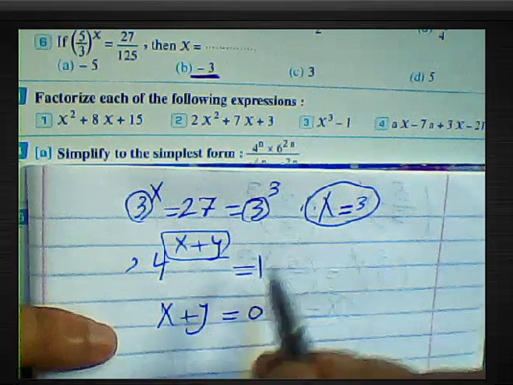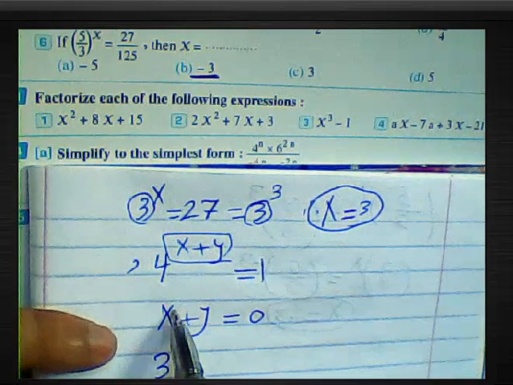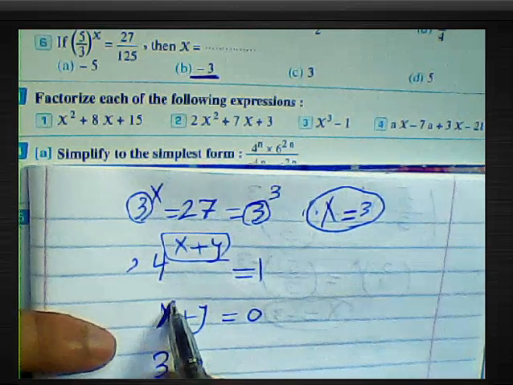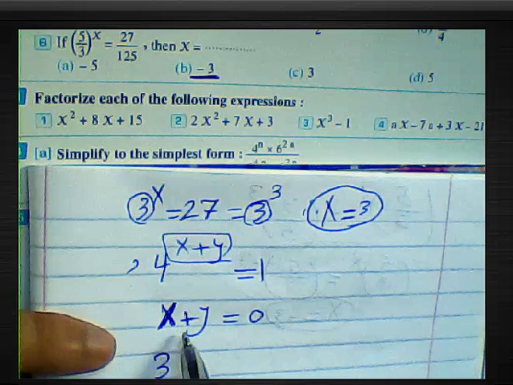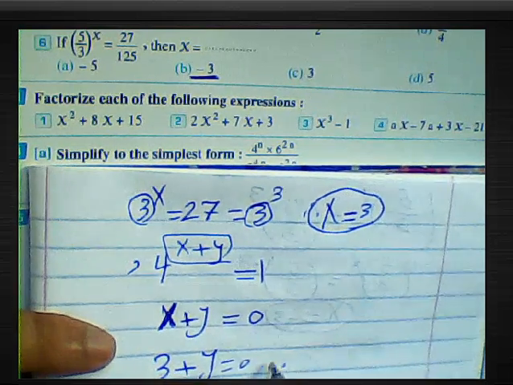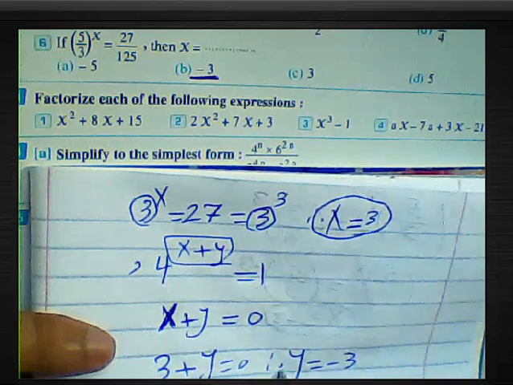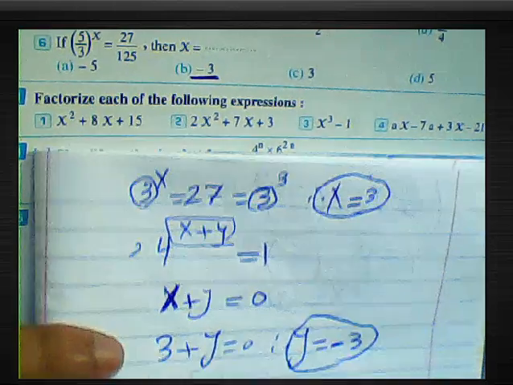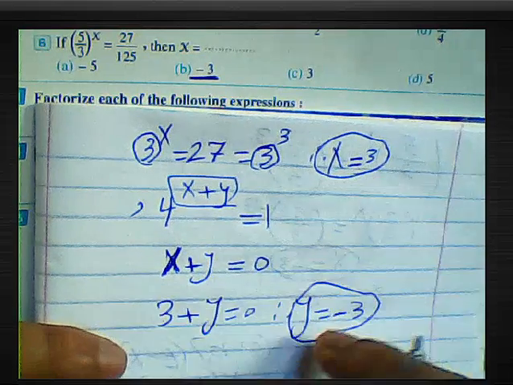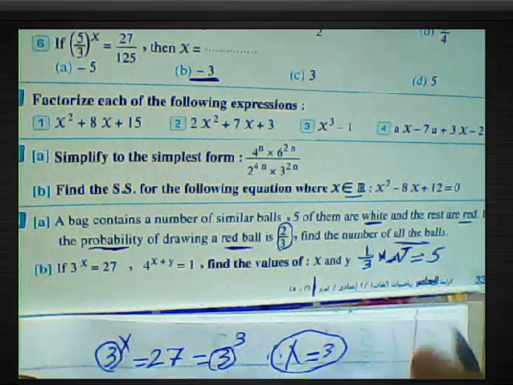We can replace x with 3: 3 plus y equals 0, then y will equal negative 3. So x equals 3 and y equals negative 3. He wants to find x and y.